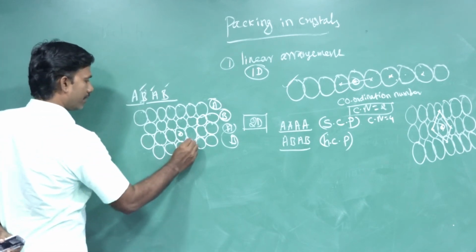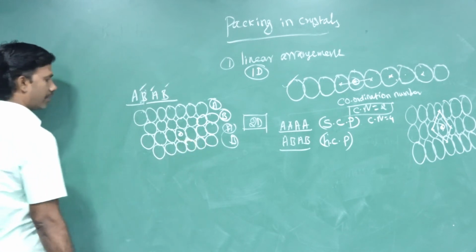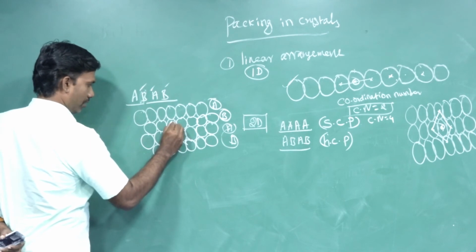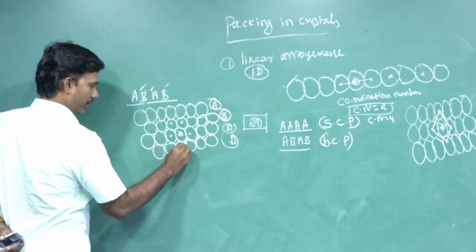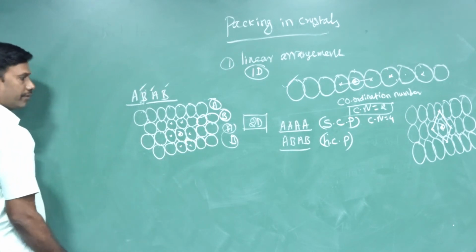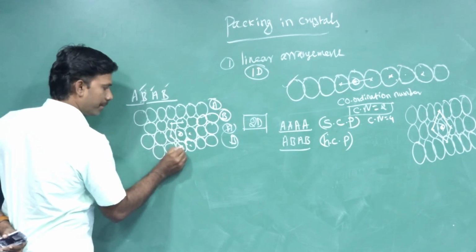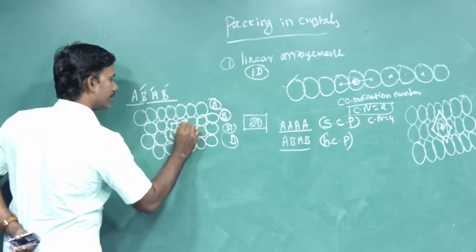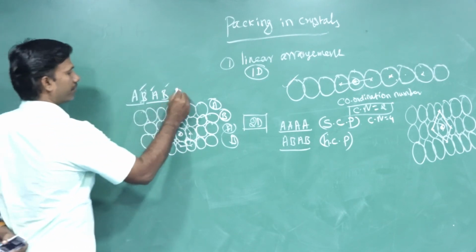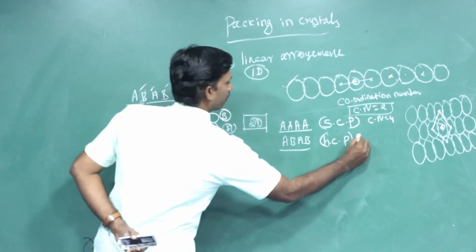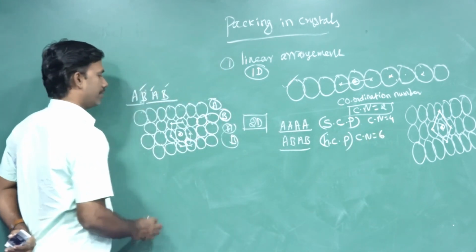If we go ahead like this, see 1, 2, 3, 4, 5, 6 others. So here the coordination number for HCP is 6.